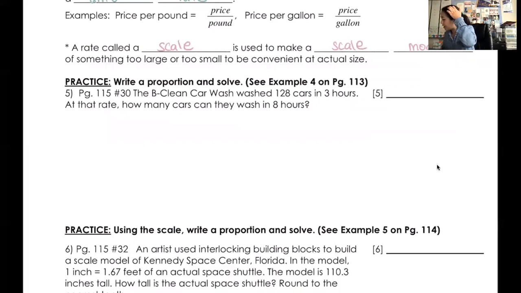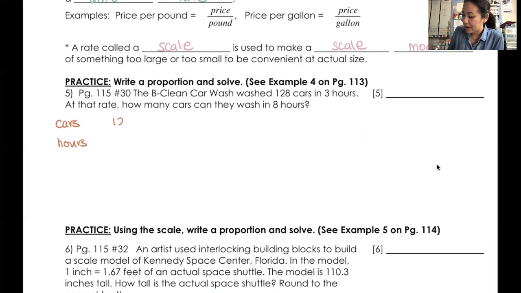So page 115 still, number 30, says the Be Clean car wash washed 128 cars in 3 hours. At this rate, how many cars can we wash in 8 hours? All right, so we can set up a proportion here, comparing cars washed to hours.